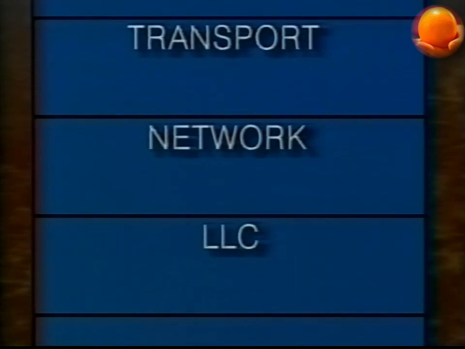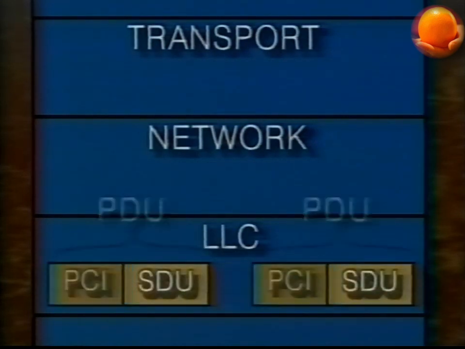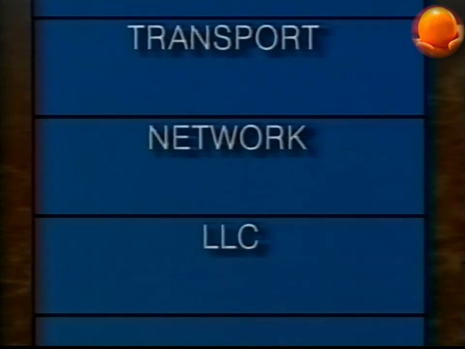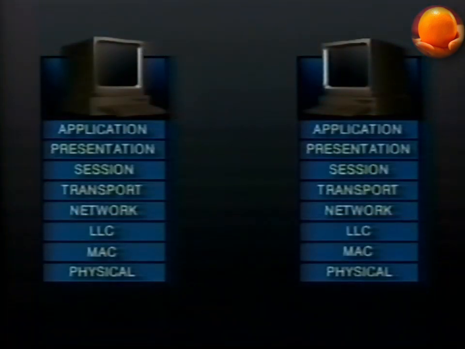However, if a particular layer or sublayer entity supports a segmentation function, it may package a single SDU in the form of multiple PDUs, which are then passed across the network individually. Because protocol control information is added each time the data unit is passed down, each layer and sublayer works with a different protocol data unit.